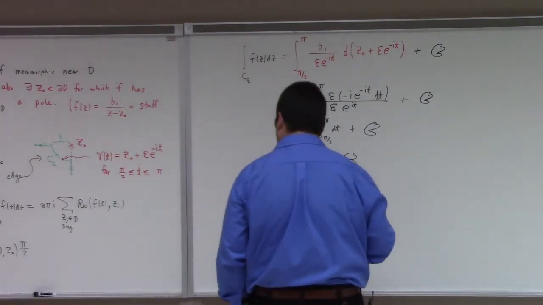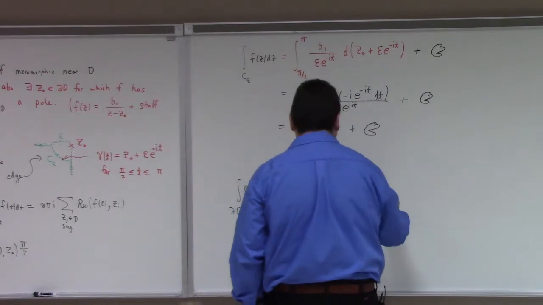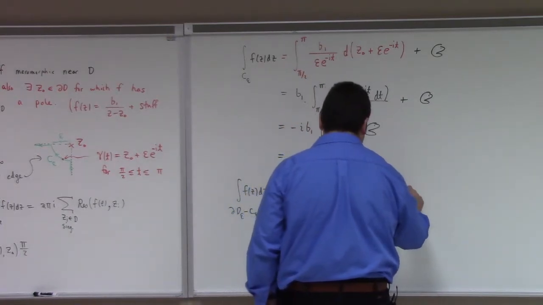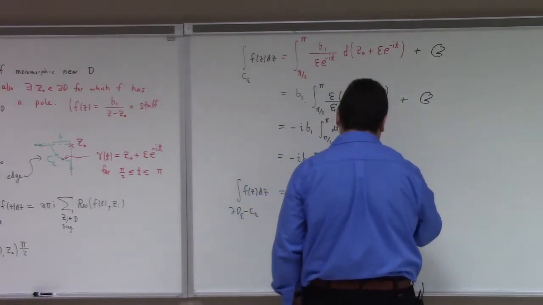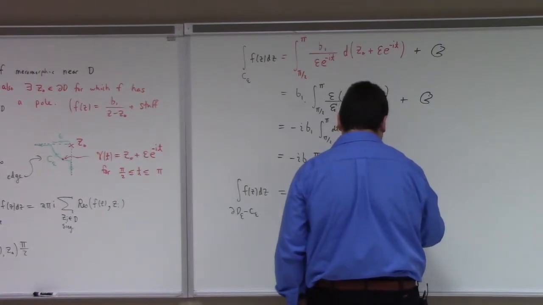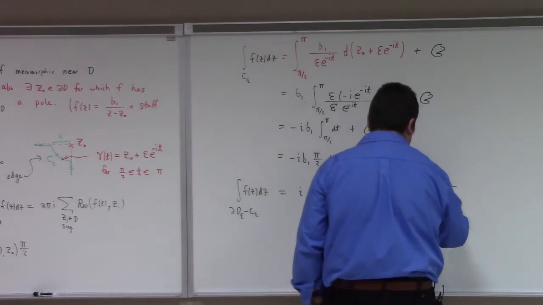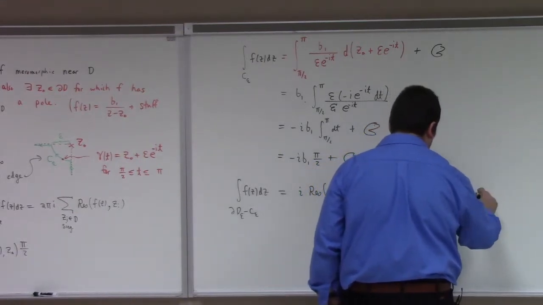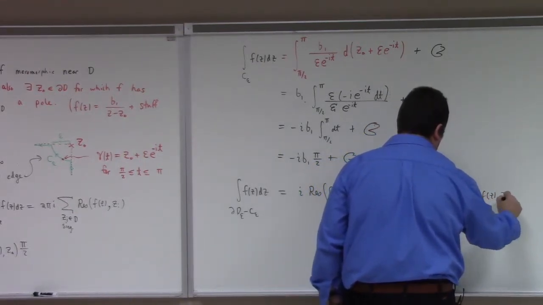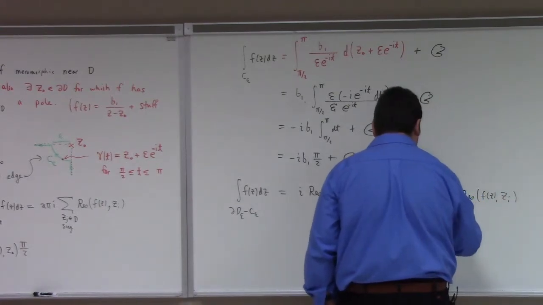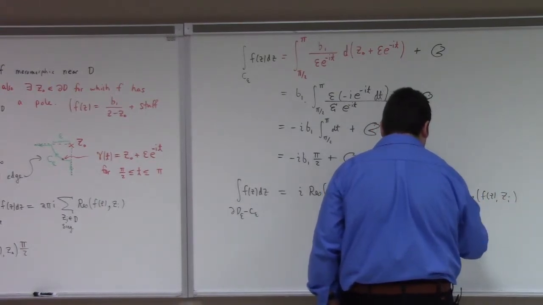Of course, plus the 2 pi i, well, plus Pac-Man. I'm sorry, minus Pac-Man, I guess. Plus 2 pi i times the sum of the residues, where we're looking at the residues inside the contour. All right.